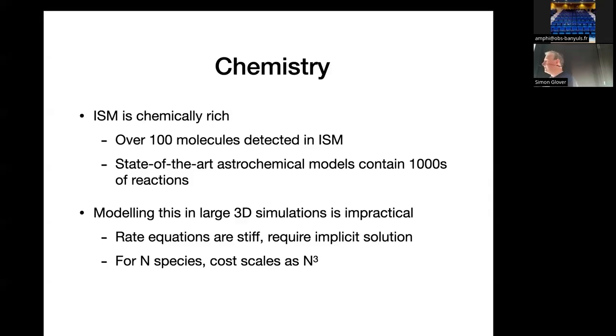So for a small number of chemical species, that's fine. That's not too bad. For 100 or more chemical species, that's catastrophic. So you can easily do this in one zone or even in 1D calculations, but scaling to 3D calculations where you're having to do this for hundreds of millions of gas cells is really hard.